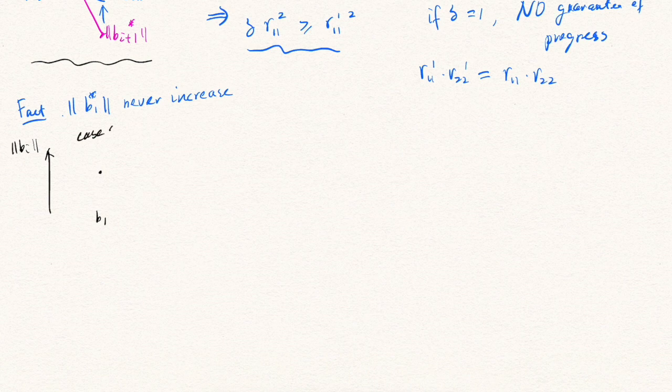Case 1: let's say B2 star is a slight increase, and then a sharp drop. If there's a sharp drop, then I would do a swap.